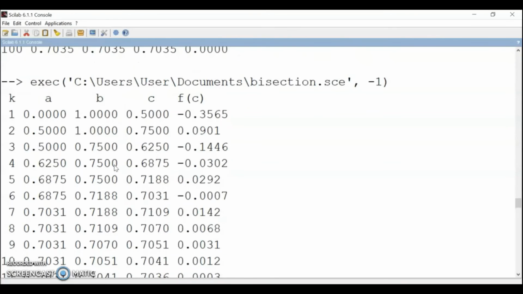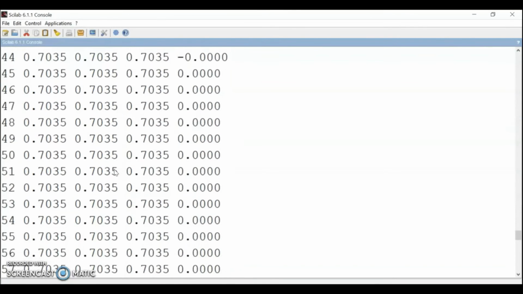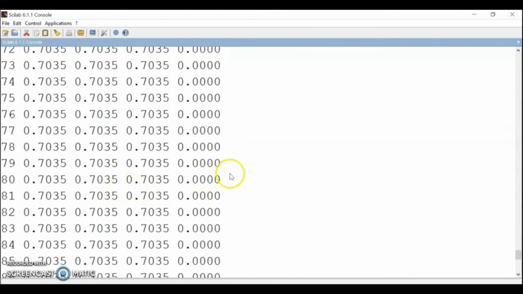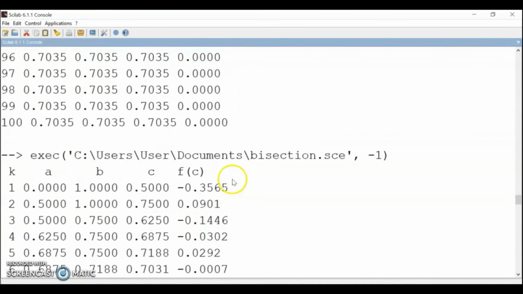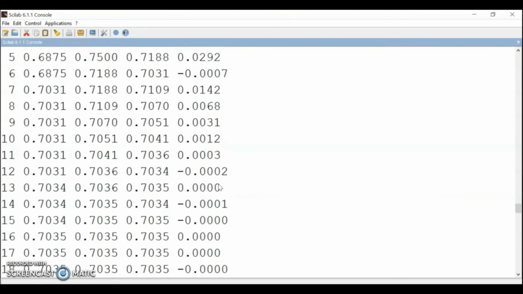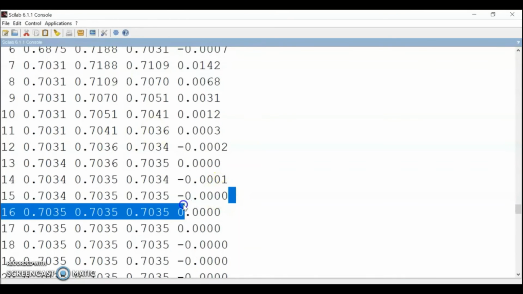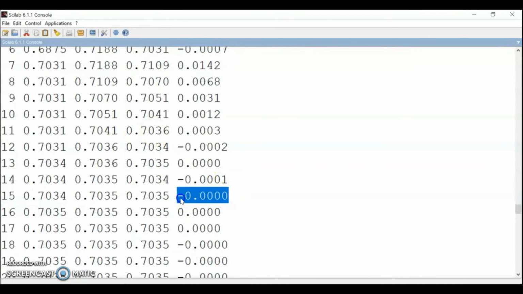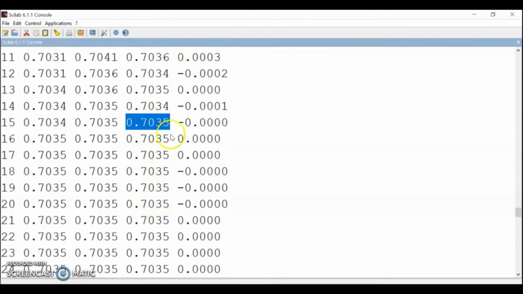What do I mean by converges? Look at that, it gets 0. So when fx is 0, meaning when fc is 0, that's my root. So starting here, you can see 0.735735. So that's my root at C.